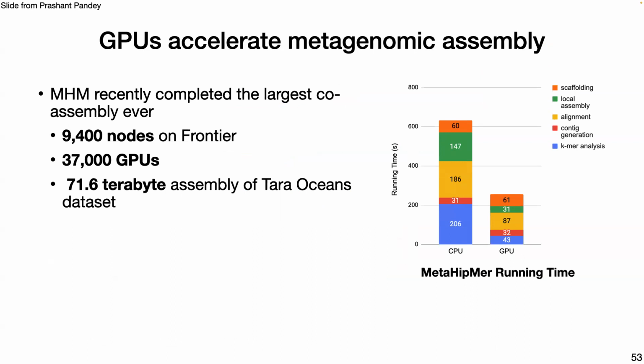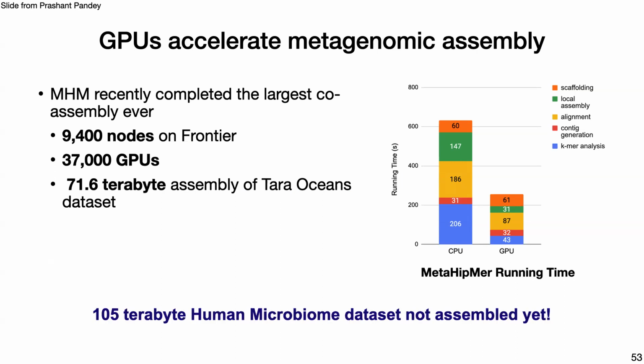On CPU, it's over 600 seconds, and on GPU, it's around 200 seconds. So you can accelerate the local assembly part, the alignment part, and this k-mer analysis part on GPU. And then they have a bigger data set that has not yet been assembled.